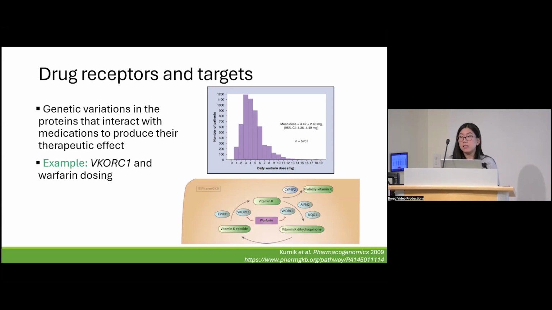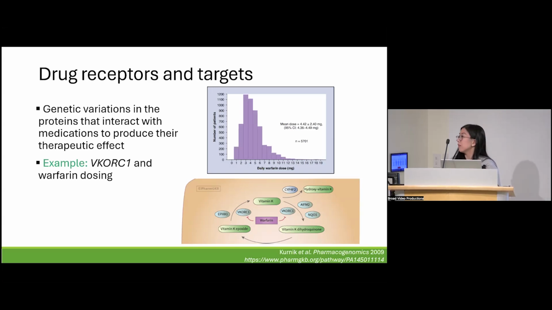As I mentioned earlier, that does mean that you have to reach a very specific target to prevent excessive risk of bleeding. And as you can see in the figure here, there's a lot of inter-individual variability in what the daily warfarin dose must be to achieve that therapeutic range. And again, that's a reason why pharmacogenetics might be useful in this context.